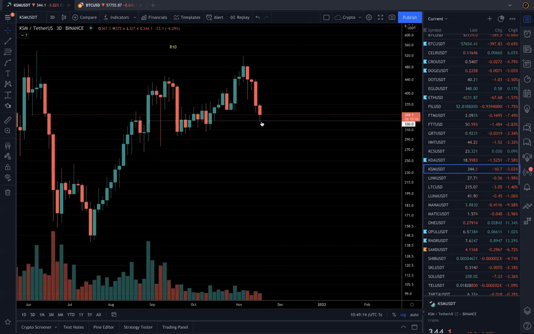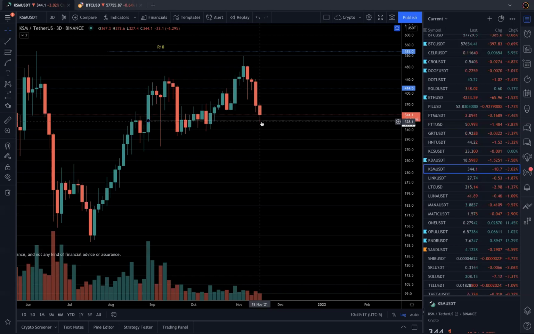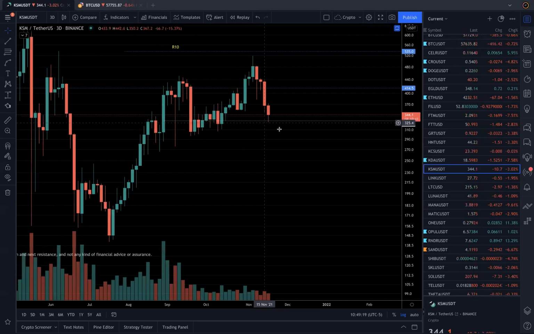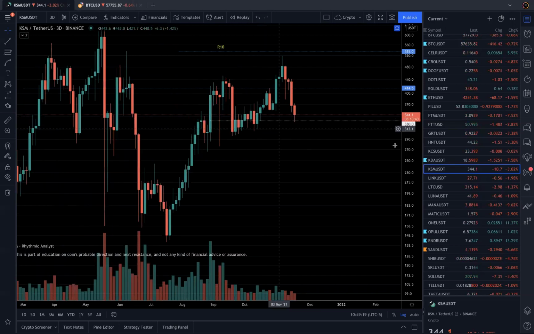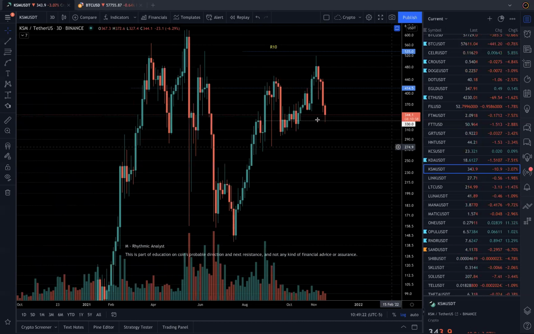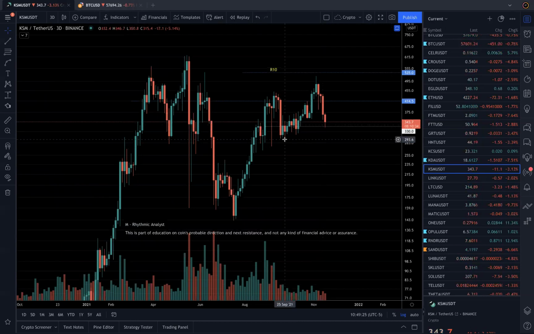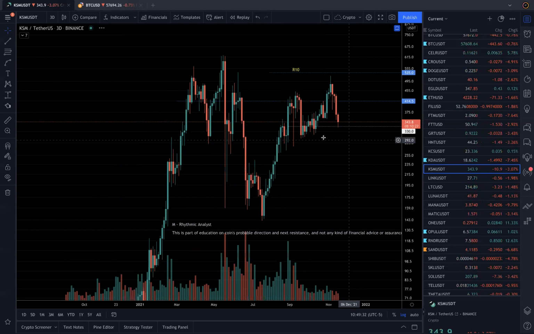KSM has touched the support. So it's already signaling risk. And then there are a lot of lows. You see, very confusing. So for KSM, if this low is broken, maybe the last one is this one, 295.